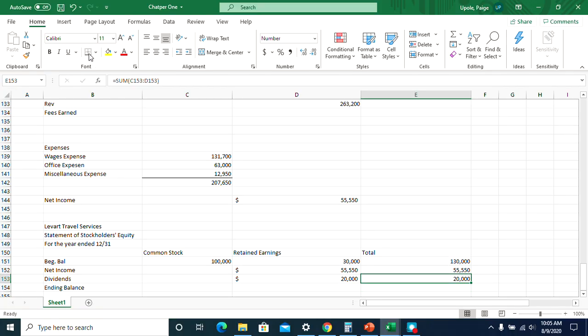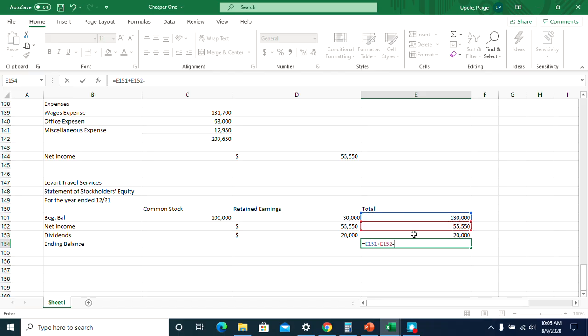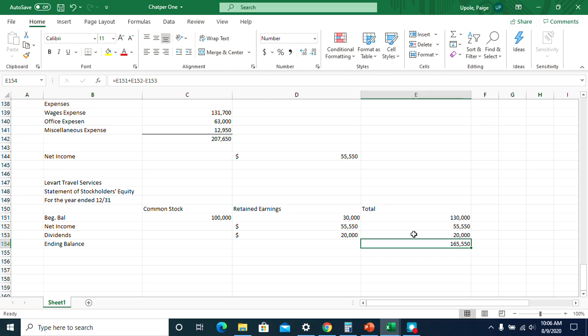So then our total retained earnings will be what we started with plus what we earned in the form of net income minus what we paid out in dividends. So our ending balance is $165,550.